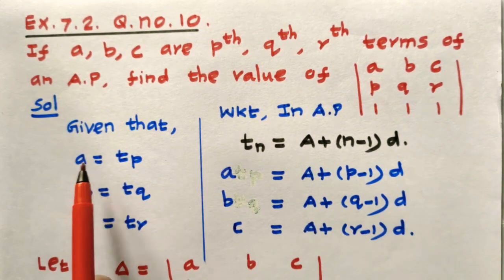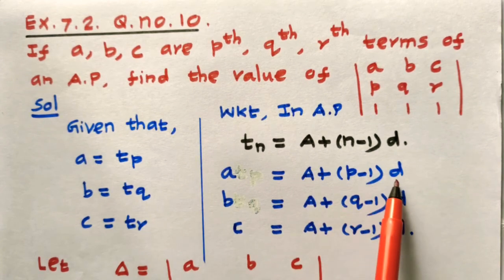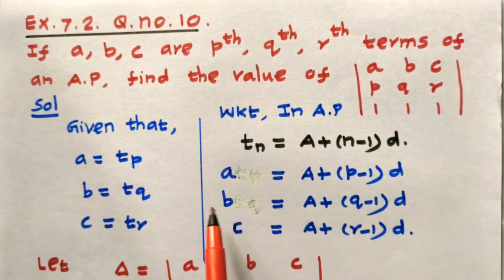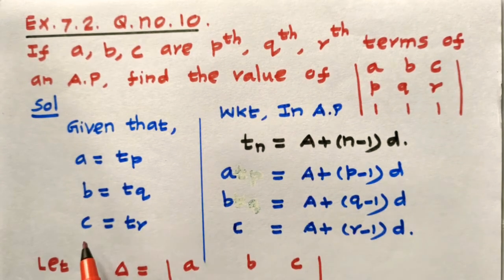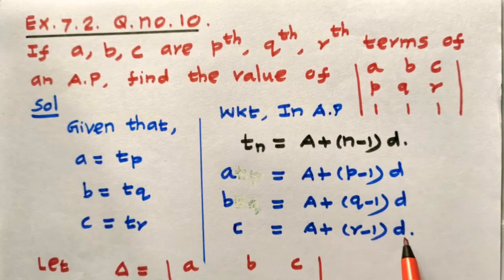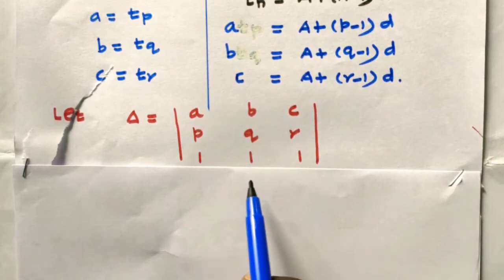So we can write a is equal to A plus p minus 1 into d, b is equal to A plus q minus 1 into d, c is equal to A plus r minus 1 into d. Let delta be equal to the given 3 by 3 determinant.